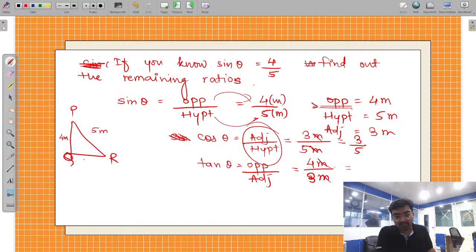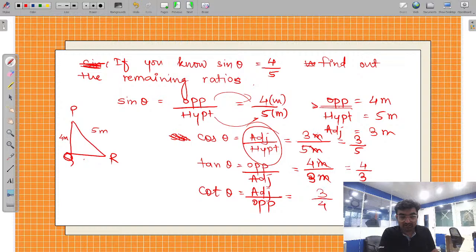So m cancels and we'll get 4 upon 3. Okay, the next is cot theta. Cot is adjacent upon opposite. So it's reciprocal of tan, so I can directly write 3 by 4, right?